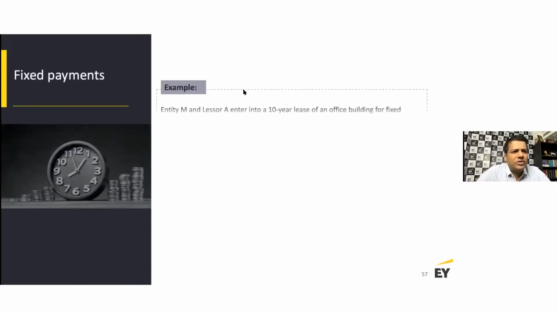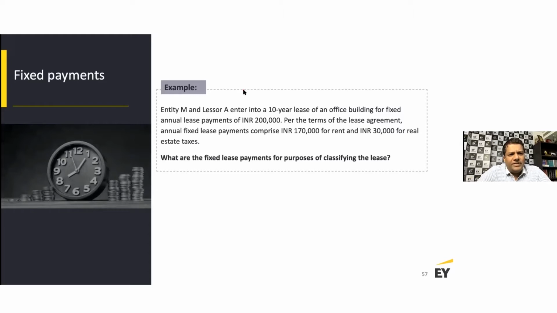So we will try and understand all of that in some degree of detail as it is relevant from our perspective. So when we look at an example on a fixed payment, let's try and understand this example. Entity M and lessor A enter into a 10-year lease of an office building for fixed annual lease payment of INR 200,000.